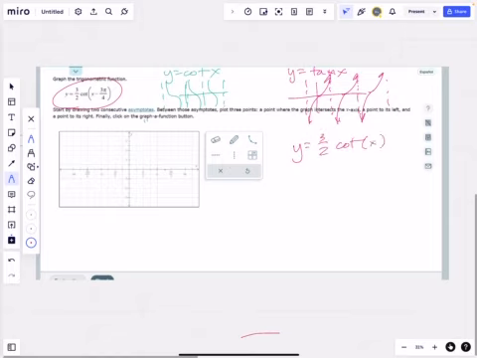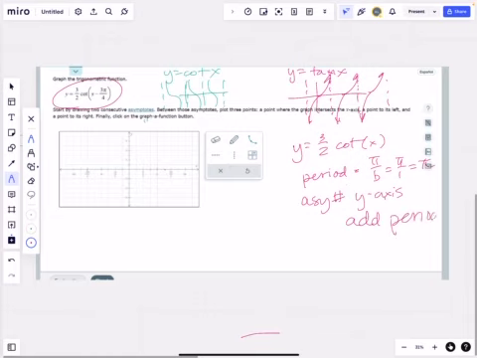The period is pi over b, which is pi over 1, which is equal to pi. With cotangent, our first asymptote is on the y-axis, and then we would add the period.